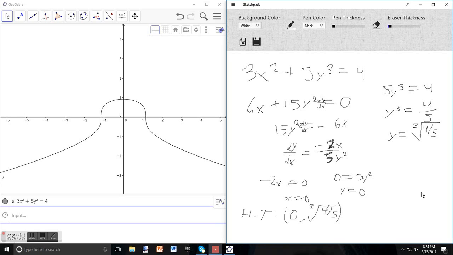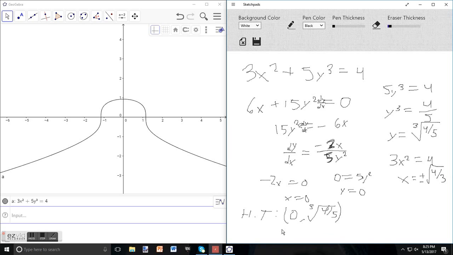When we plug that in, we get 3x squared equals 4. And so x will equal plus or minus, this time, the square root of 4/3.